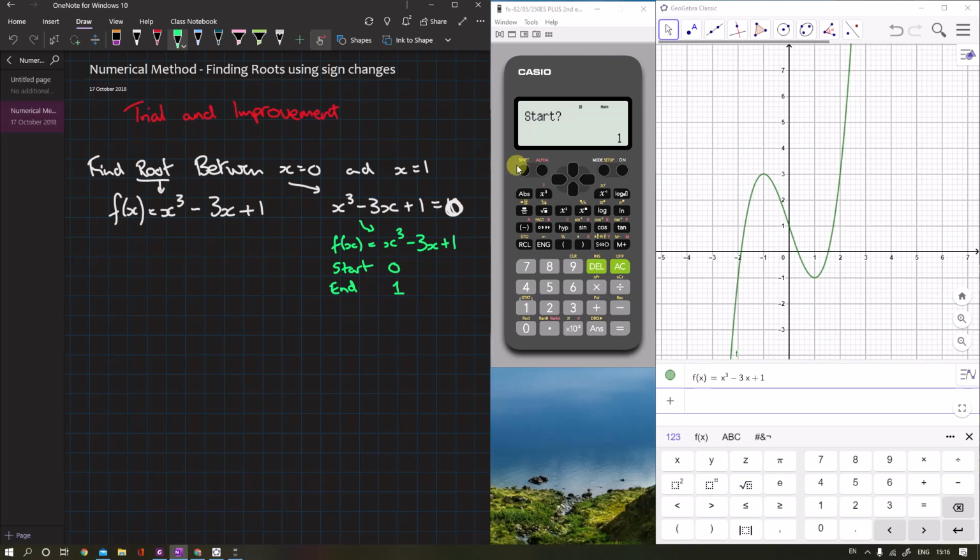So let's look for the solution by doing the start 0, end is 1, and the step is 0.1. So now what we get is a series of values where it actually calculates our function points, and it goes from 0, 0.1, 0.2. If I scroll down, 0.3, 0.4. Now what's important in here is finding where it actually changes sign.